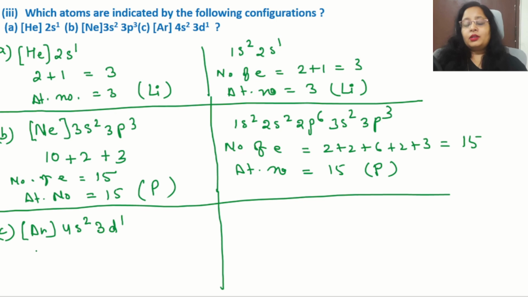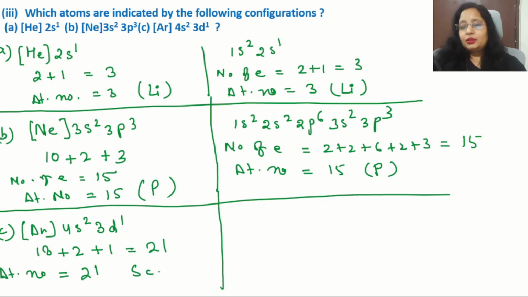So for argon, remember the atomic number is 18. Now 18 plus 4s subshell, it is 2 electrons, plus 3d, it is 1. So total number of electrons are 21. So the atomic number should be 21, and 21 stands for scandium in the periodic table.